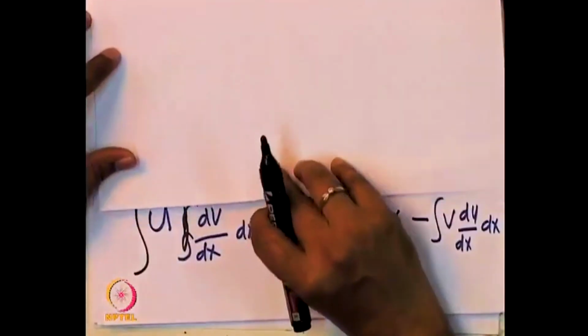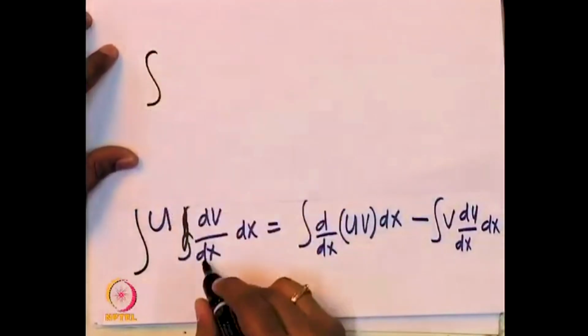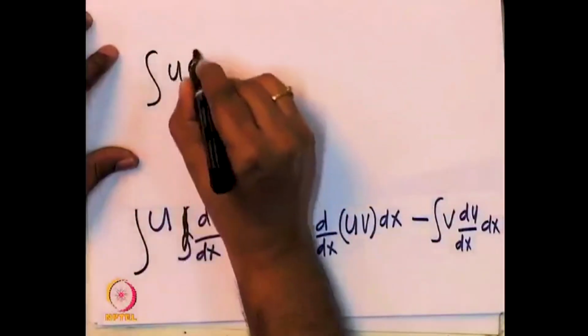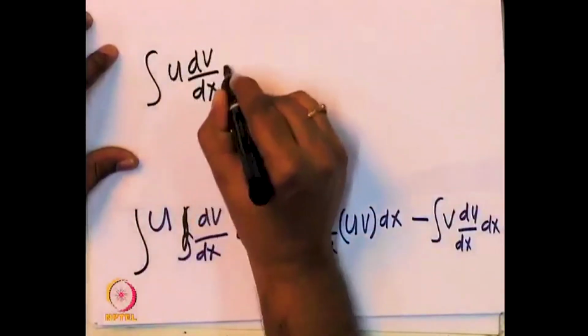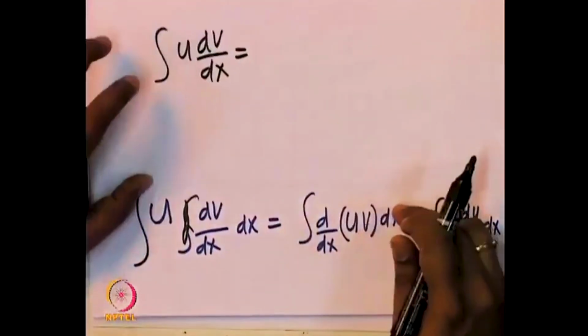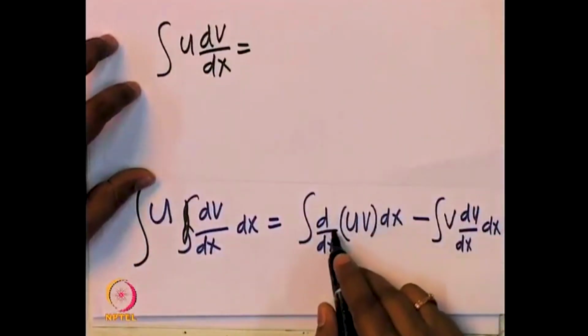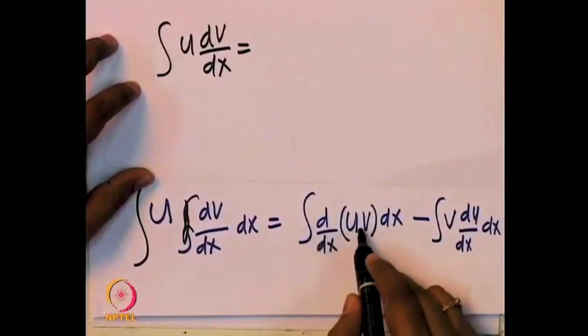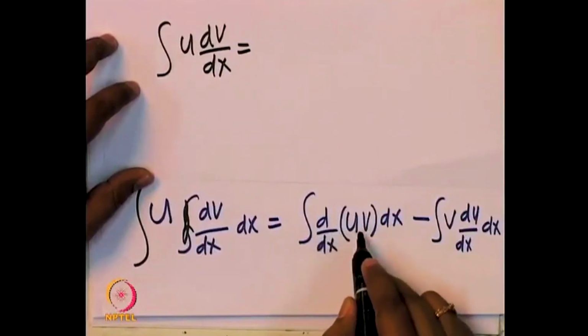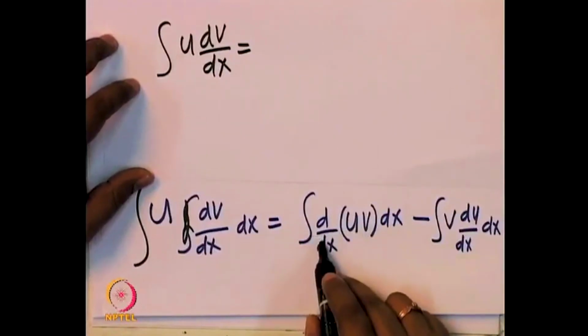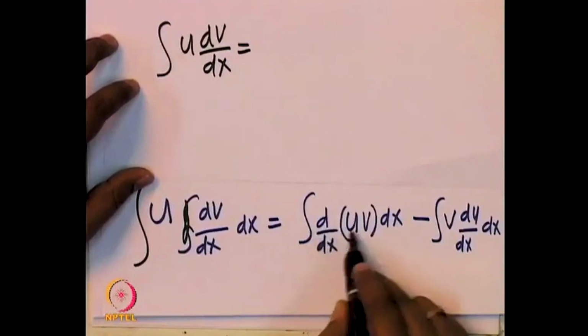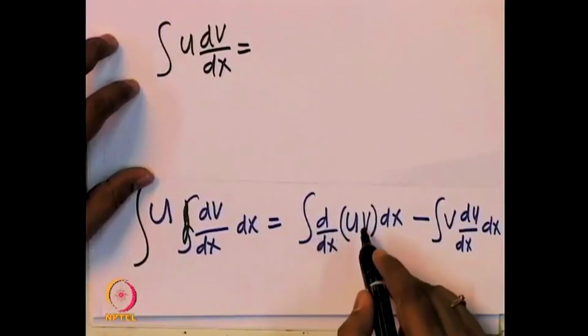So, what do I write? Integral u dv by dx is equal to d by dx of u v dx. So, derivative of function, integral of a derivative is the function itself, because integral we said is an anti-derivative. So, integral of d by dx of u v is u v itself.